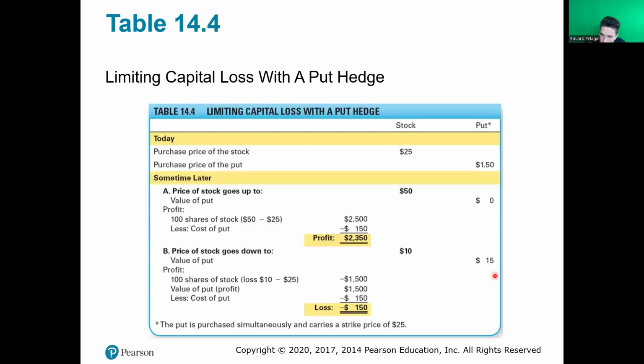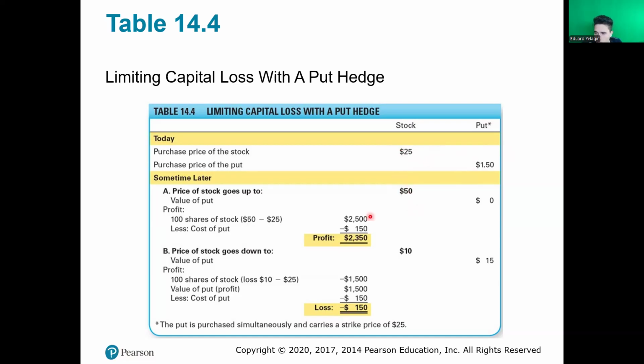So let's consider a potential scenario. Let's say we buy a stock for $25, and we buy 100 of them, and we not only buy them, but we also buy protective puts at $1.5 per contract. Let's consider two scenarios. First, the stock price increased by $50.